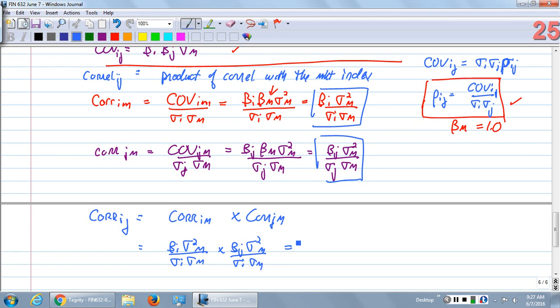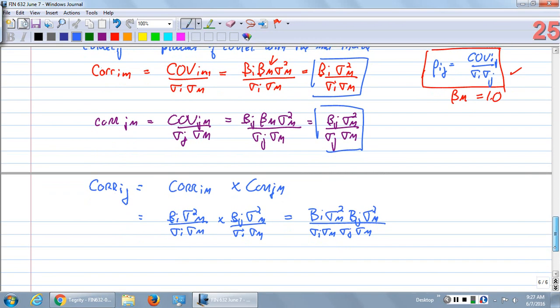What your textbook gives you is the final formula: beta I times the variance of the market times beta J times the variance of the market divided by sigma I sigma m sigma J sigma m.